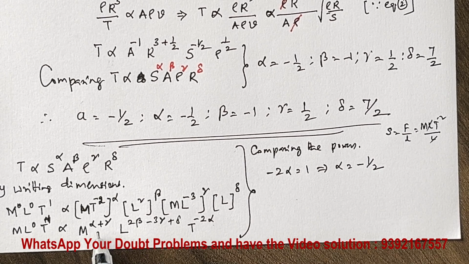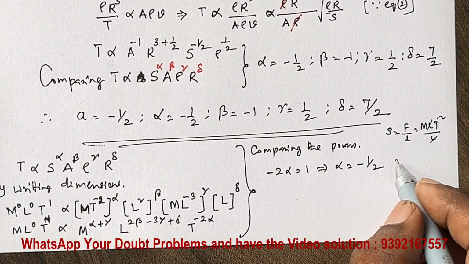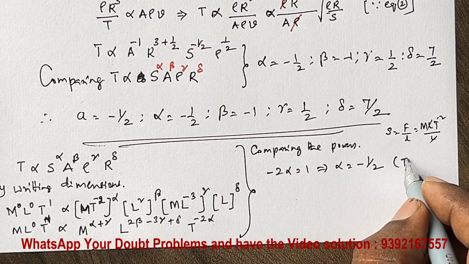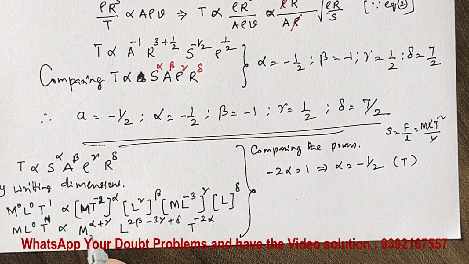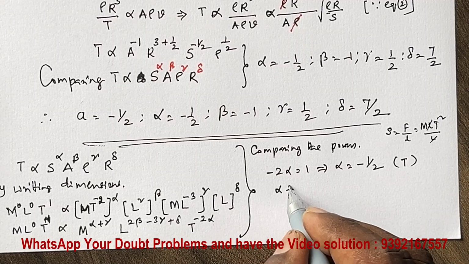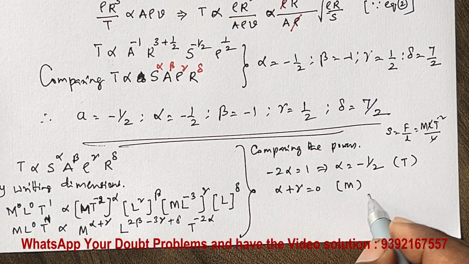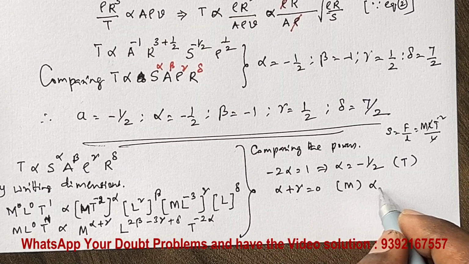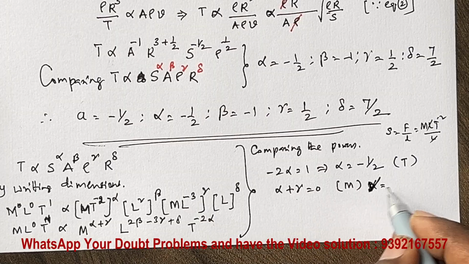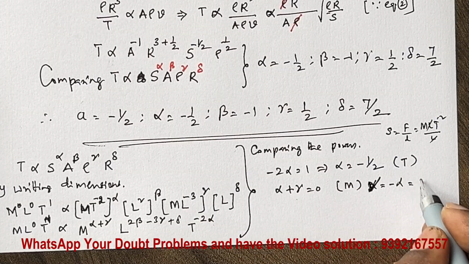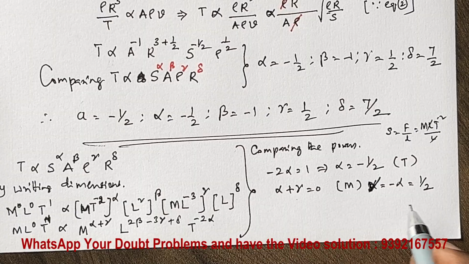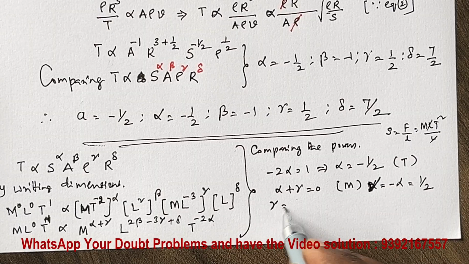By comparing M, alpha plus gamma is equal to 0. So gamma is equal to minus alpha, that is equal to 1 by 2. So gamma value is 1 by 2. That's all you can calculate.